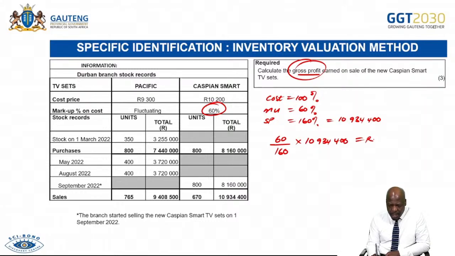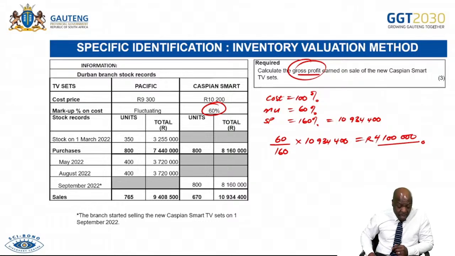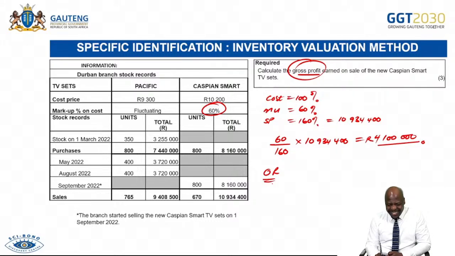How much is that going to give you? 4,100,000. This is what it gives you. 4.1 million. Or you can use this method now, the one I'm going to give you now.